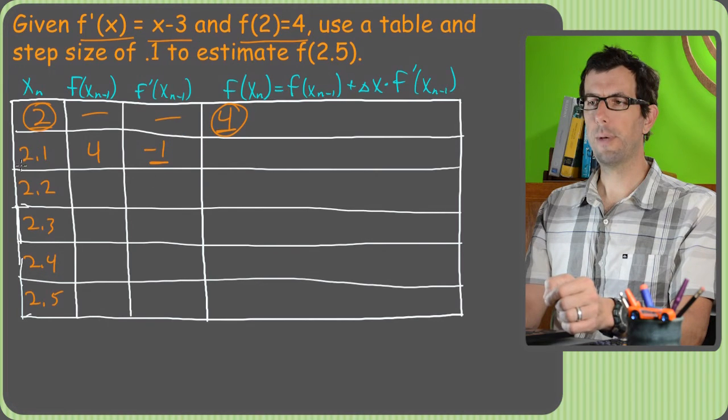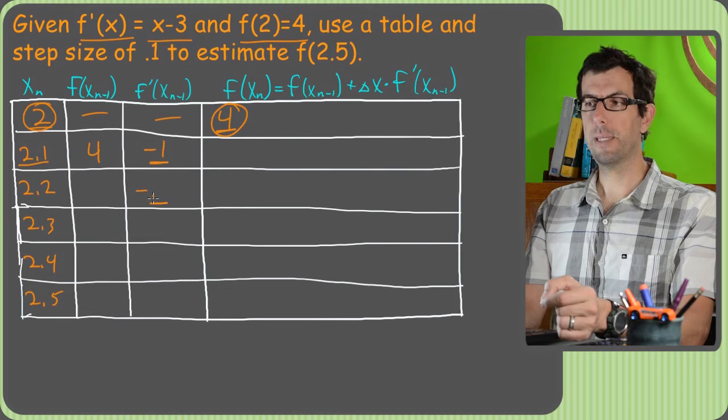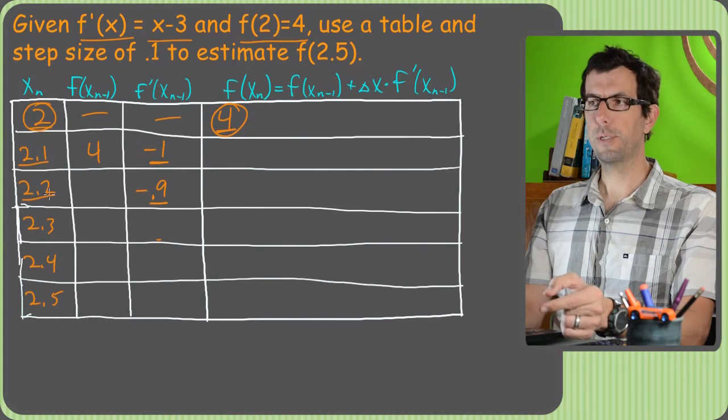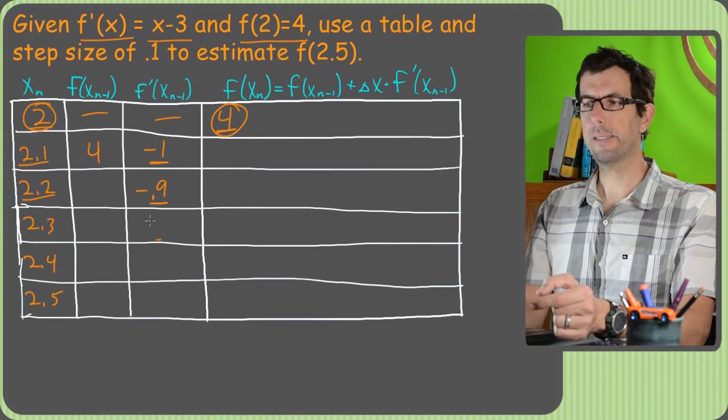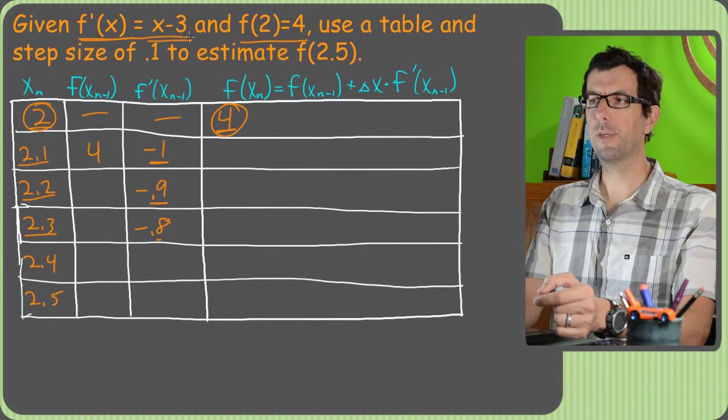And then we're going to take 2.1 and plug it in to get here. So what's f prime of 2.1? 2.1 minus 3 is negative 0.9. And I'll take this 2.2 to plug in here. So 2.2 minus 3 is negative 0.8. So hopefully you see where I'm getting at. I'm just taking x values and plugging them into the f prime equation that they gave me.